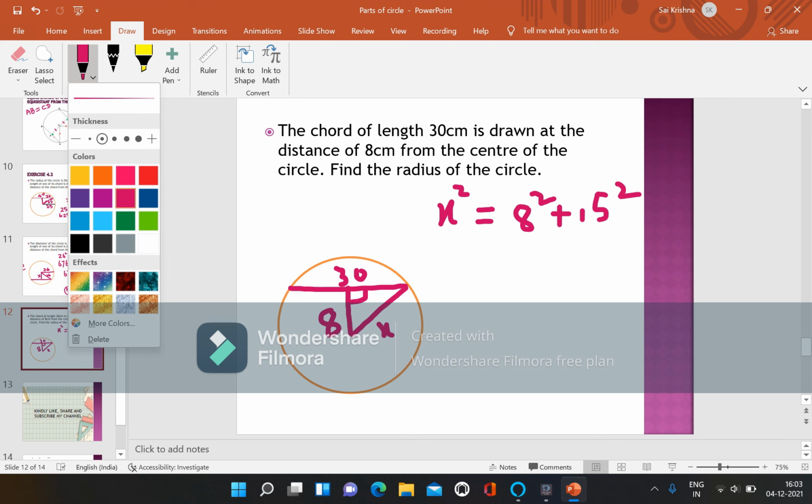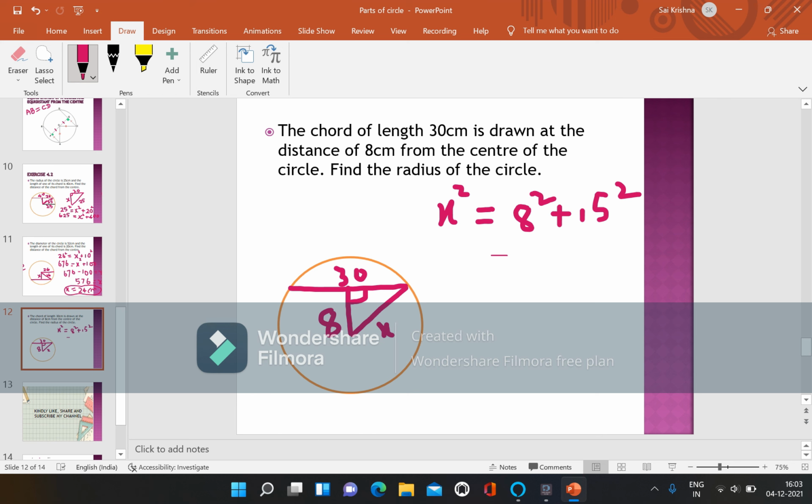So 8 square is 64 plus 15 square is 225. So 64 plus 225 is 289. So x square is 289.